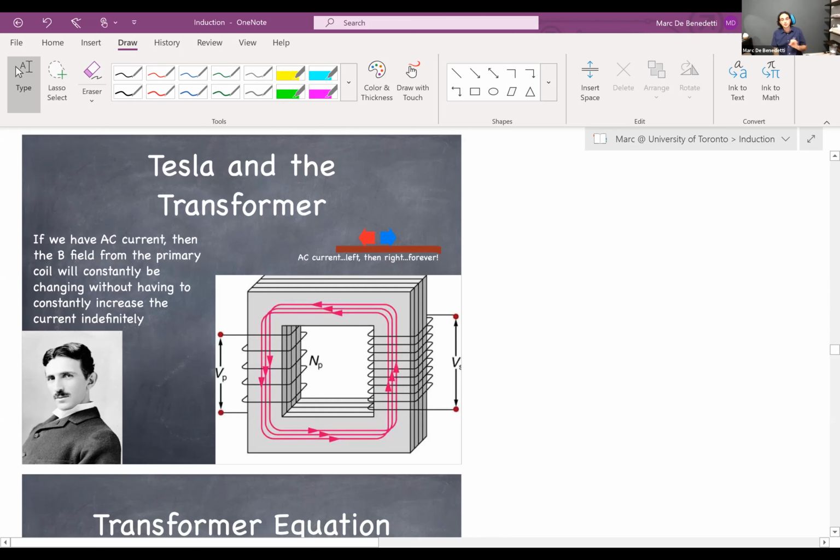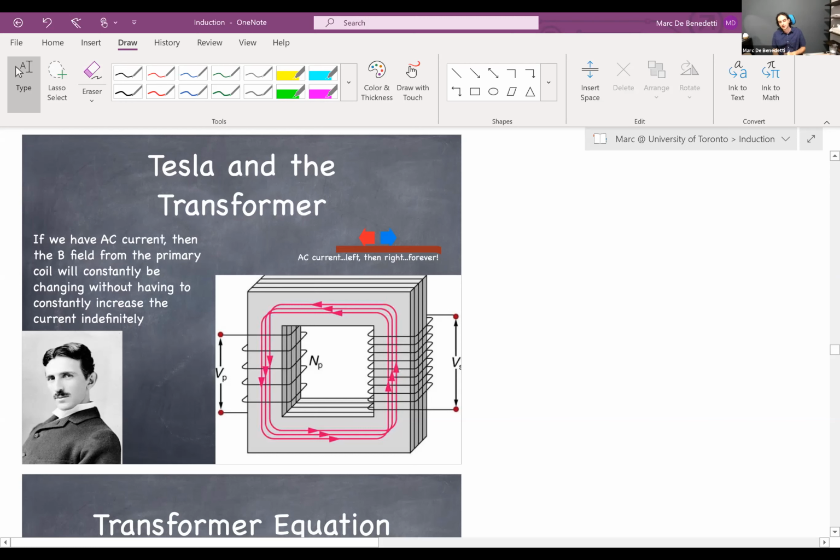And we can have super efficient power transmission. And we can use a transformer at the other end because it's AC current anyway. Well, at least what Tesla was proposing was AC current. You can use a transformer at the other end to bring it back down to a safe level.